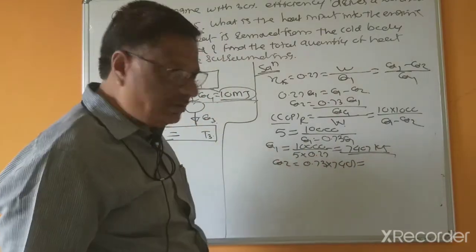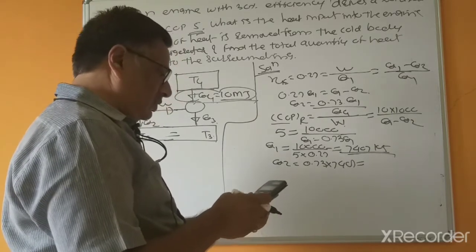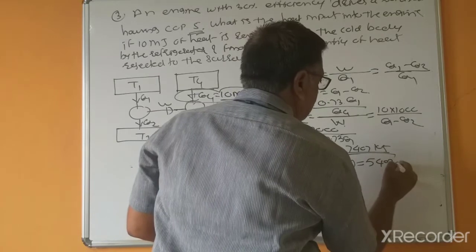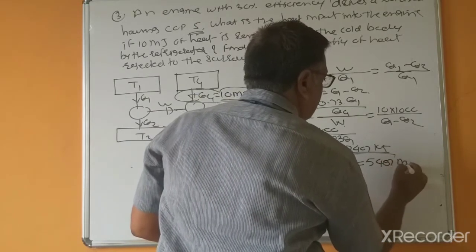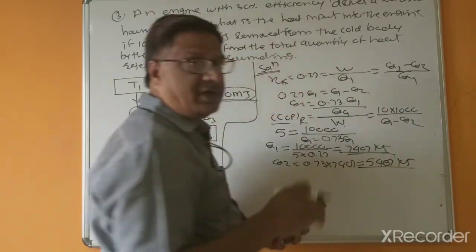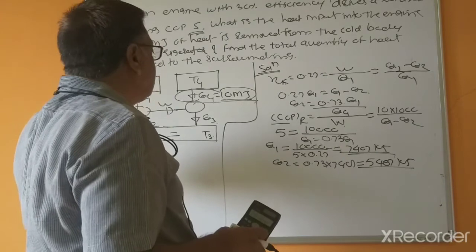First we'll calculate what it may be. After that we'll see. Kilojoule, unit is important. Q2. Now calculate Q3.